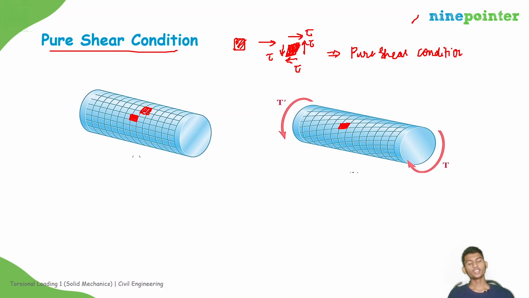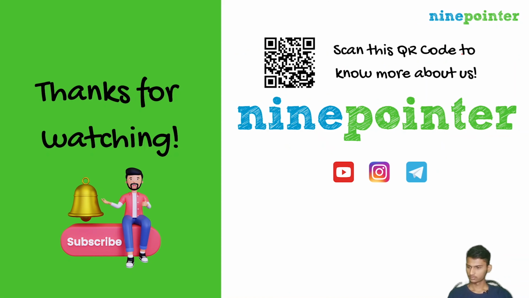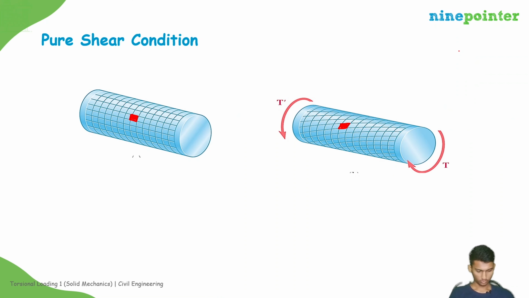So torsional loading is creating shear forces. Let us write one thing: torsional loading creates shear.